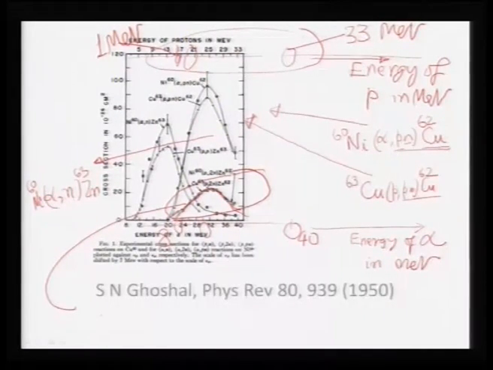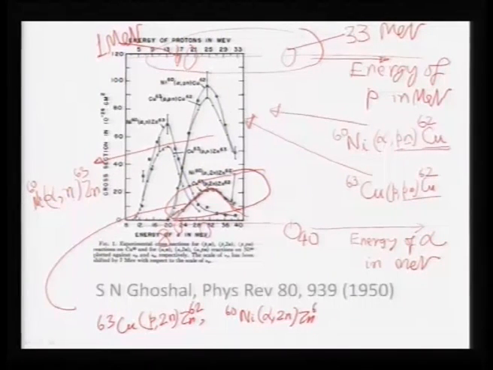Once again, these two correspond to two different reactions, but with the same final product. One is copper 63 and then a proton and two neutrons coming out, zinc 62. The second one is nickel alpha: 60 nickel and then an alpha and two neutrons coming out, and zinc 62.